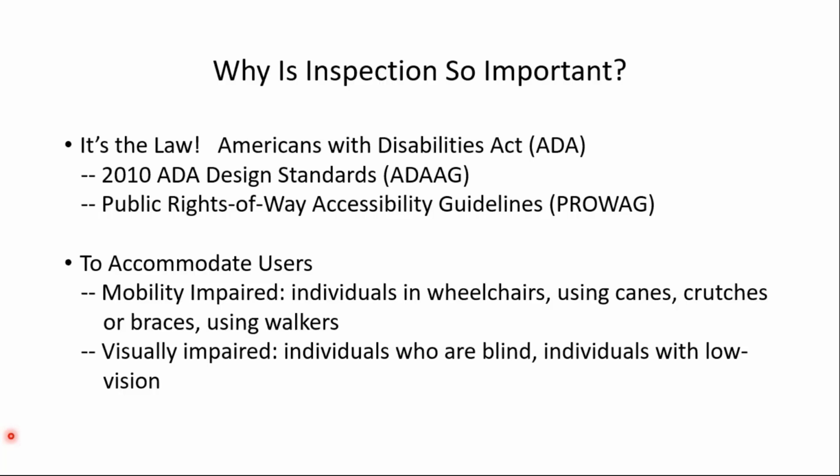And then we have the Public Rights of Way Accessibility Guidelines, PROWAG, which applies to the public rights of way. So that's sidewalks, streets, curb ramps, traffic signals, on-street parking, street furniture, and those sorts of things.